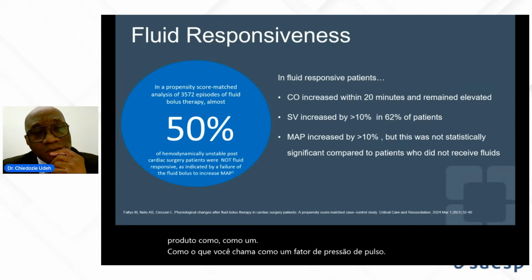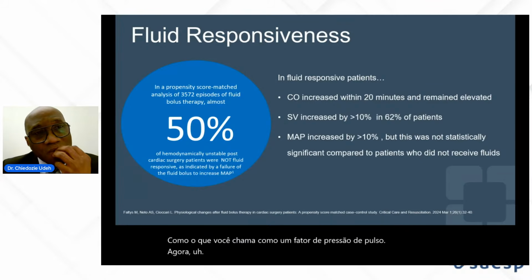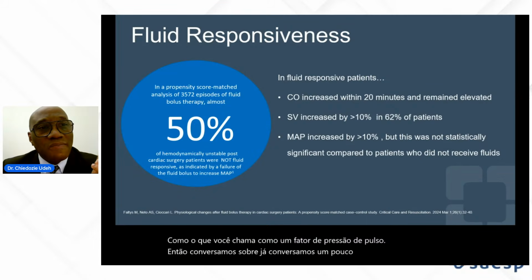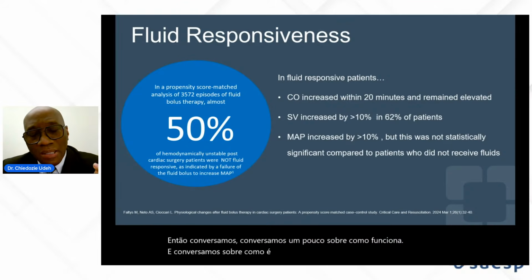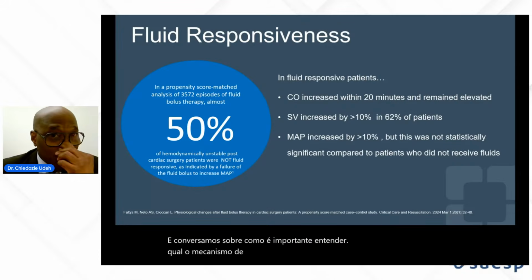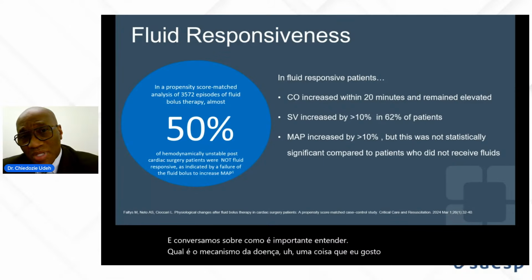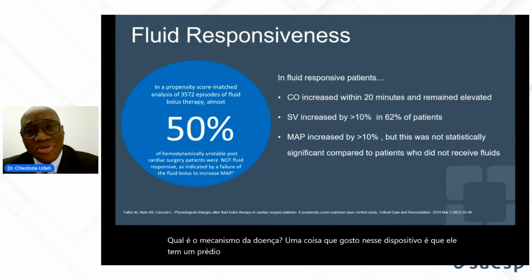Now, so we've talked a little bit about how it works, and we talked about how it's important to understand what the mechanism of disease is. One thing I like about this device is it's got a built-in guide that can help you determine pulse pressure variation.